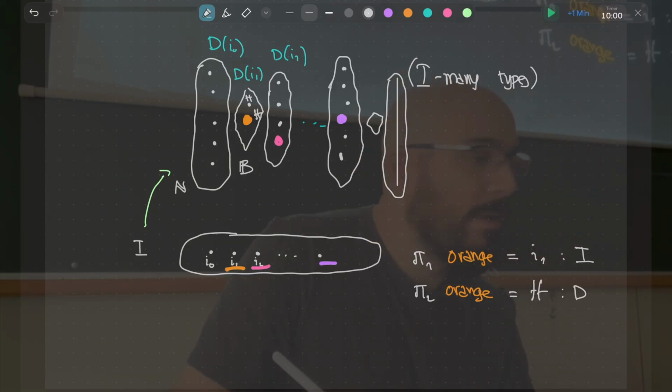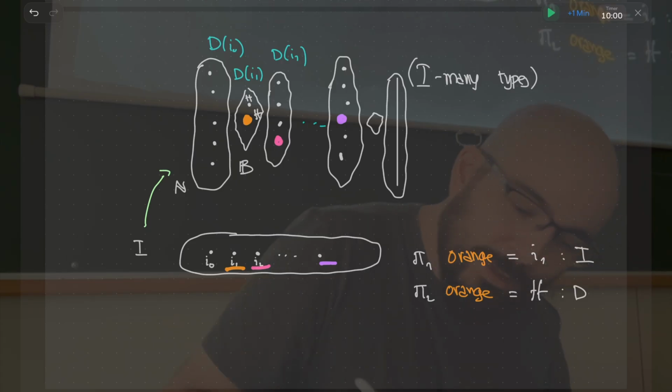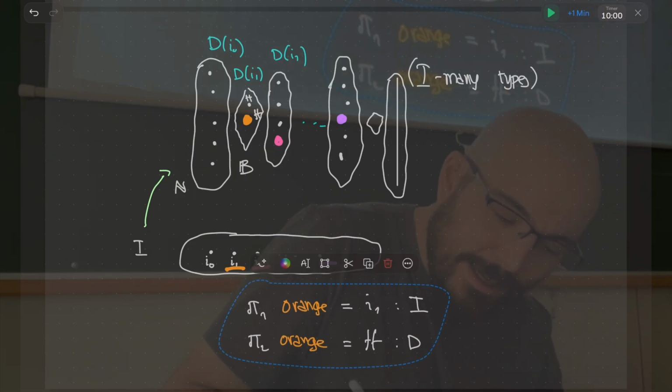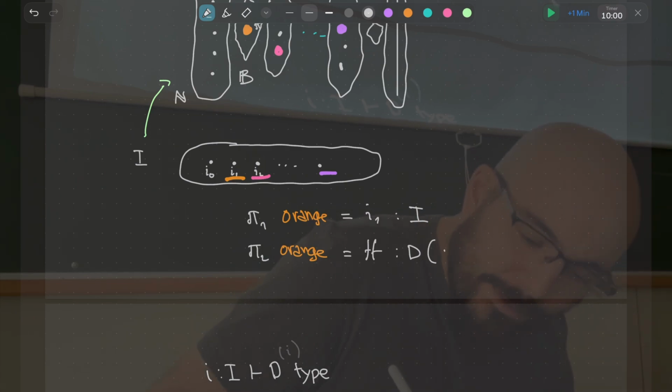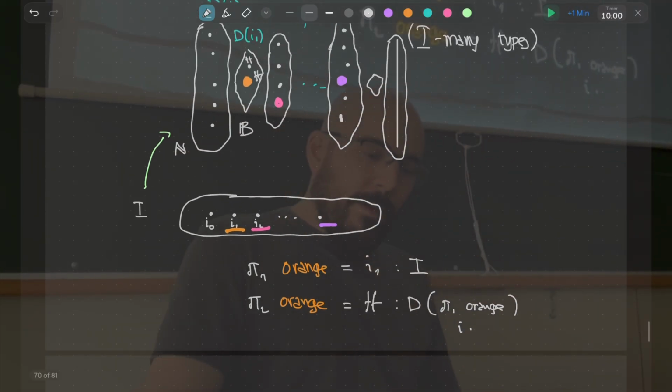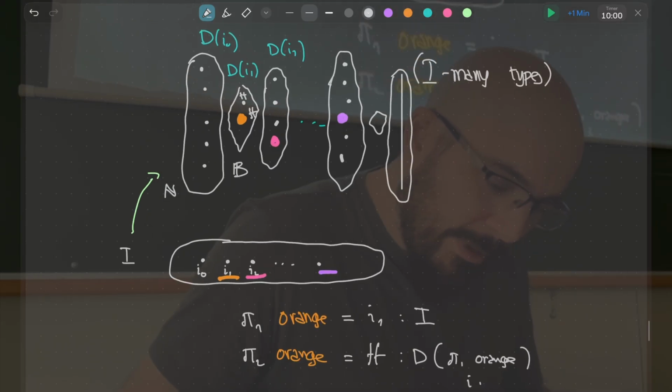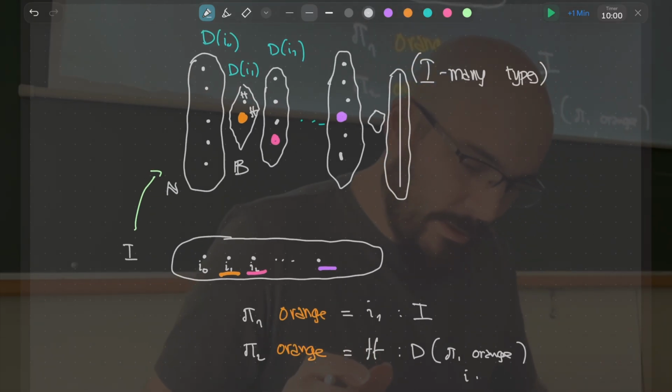Yes? i1, and like, how could I describe it? It's correct. What you're saying is correct. It's like D of the first projection of orange, which happens to be i1. Okay?